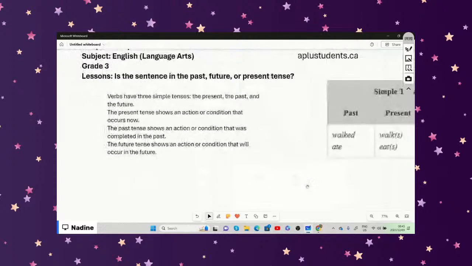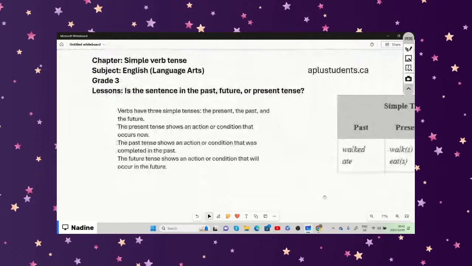So that is basically our lesson on simple verb tenses. Remember, when it comes to verb tenses, we have three simple verb tenses: the present, the past, as well as the future. The present tense shows the action that occurs now, and it usually ends in es or s.